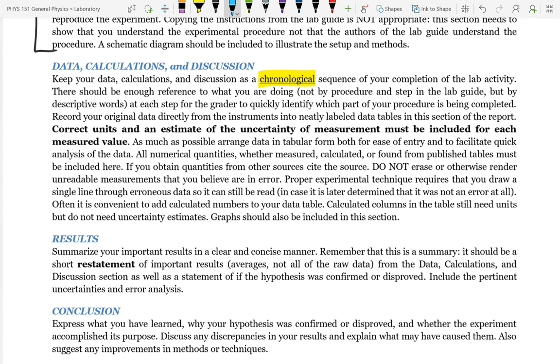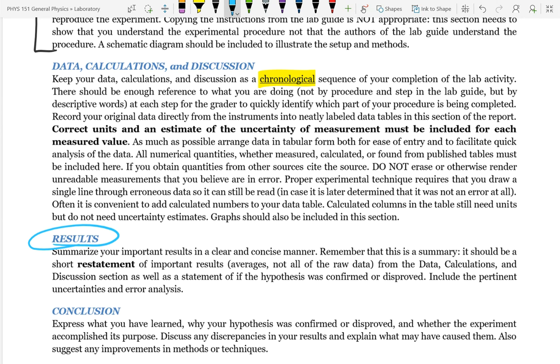If something goes wrong in the experiment, you should just make a note of that at the time it goes wrong. You know, this went wrong. I had to do it again, had to change this. You should have that kind of detail in there. And your calculations, when it comes time to do a calculation, just do the calculation where you are in your continuing sequence.